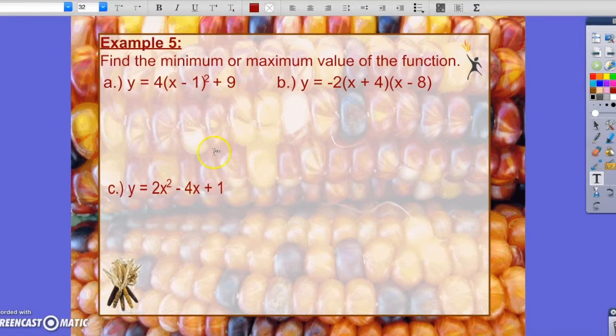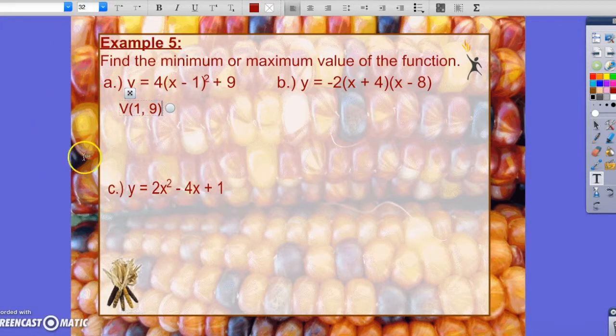So let's start with letter A. A is in vertex form. This is actually the easiest out of all of them. There is no work involved here. My vertex is h comma k, or 1 comma 9. Once you get the vertex, you can find out what the max or min is. My A is +4, it's positive, so it opens up.